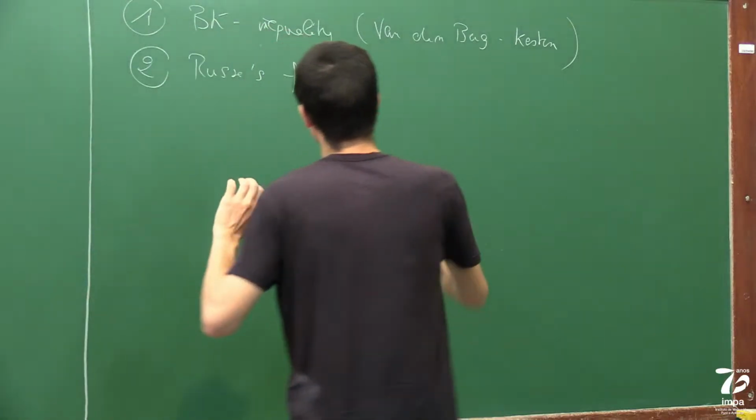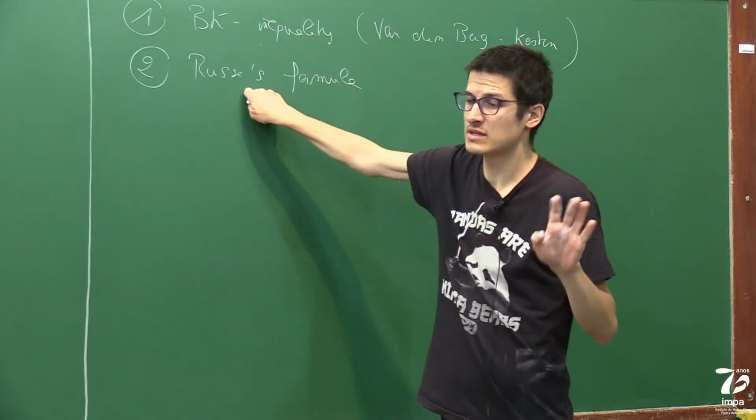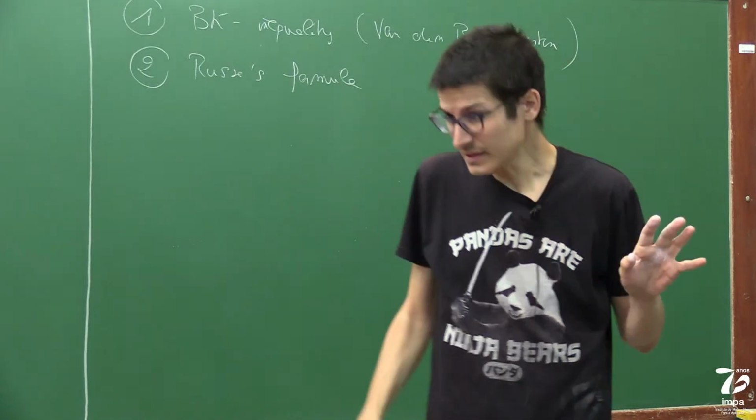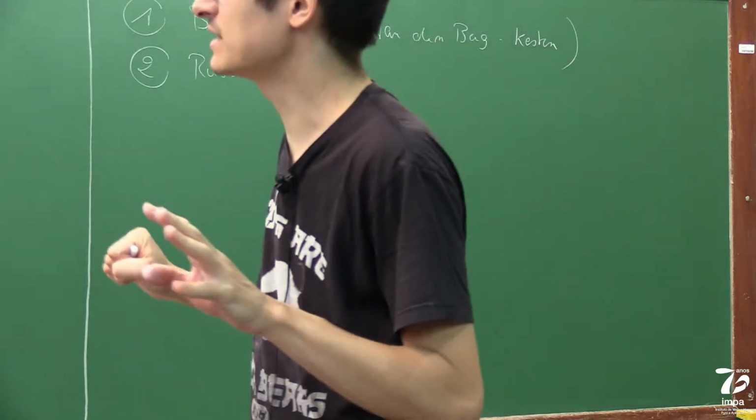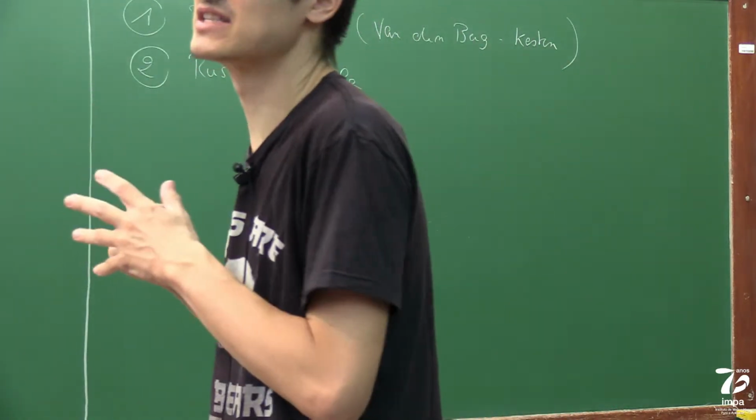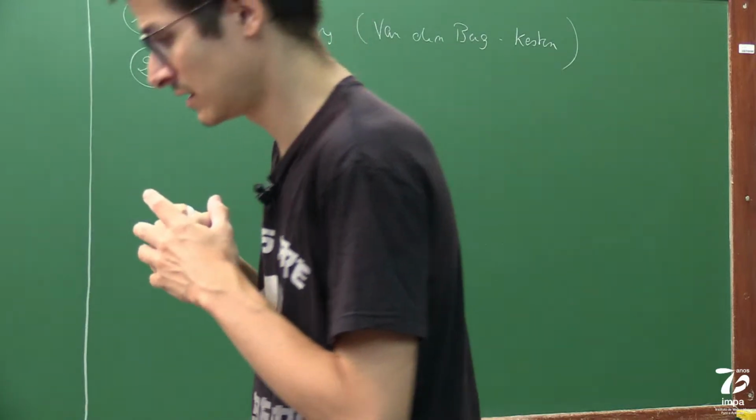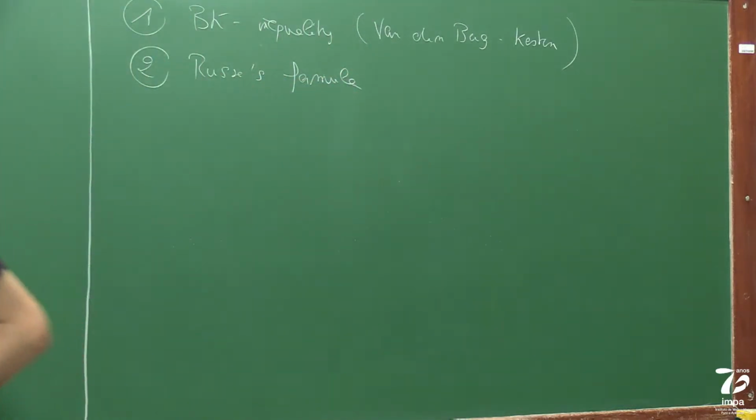And Russo's formula is a simple formula that gives you an expression for the derivative with respect to p of the probability of an increasing event. Any questions so far?